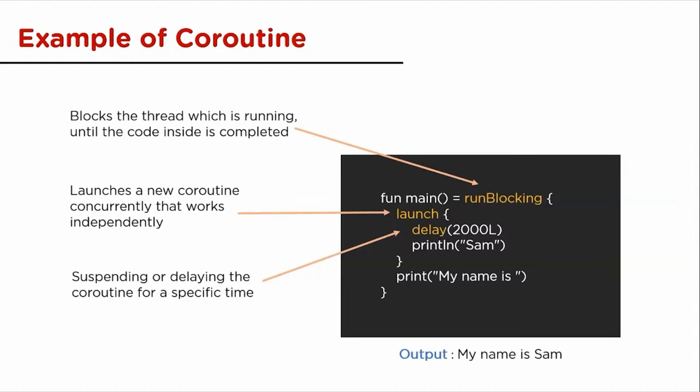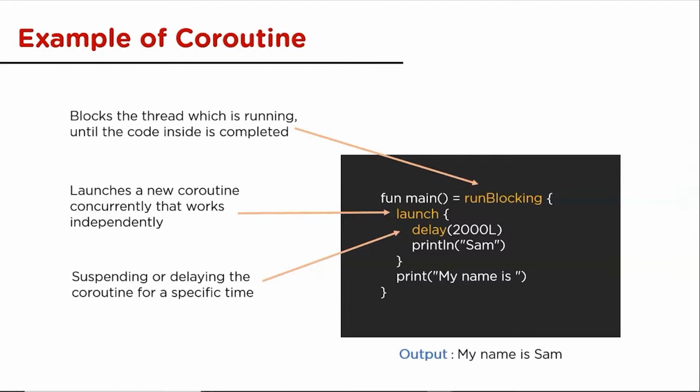Here that selected time is 2 seconds. By default the time is in milliseconds. Now here the word Sam will be printed after my name is because of the time delay of 2 seconds. On printing it, it will display my name is Sam.